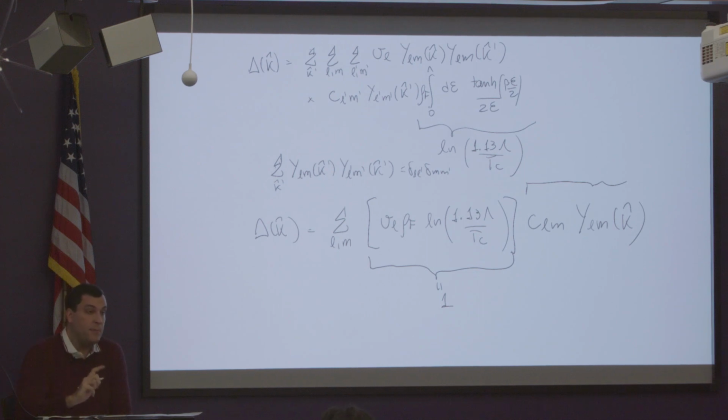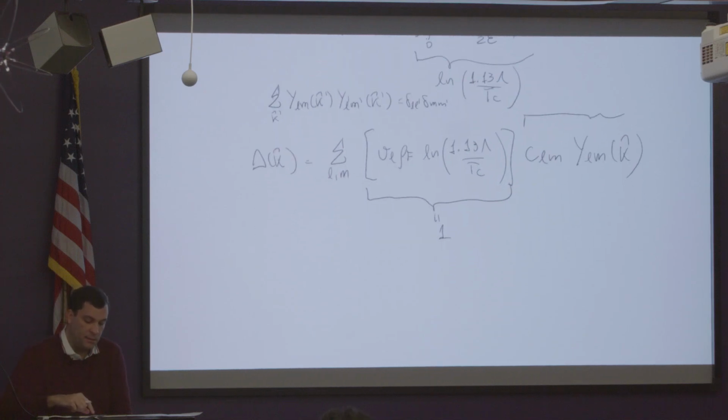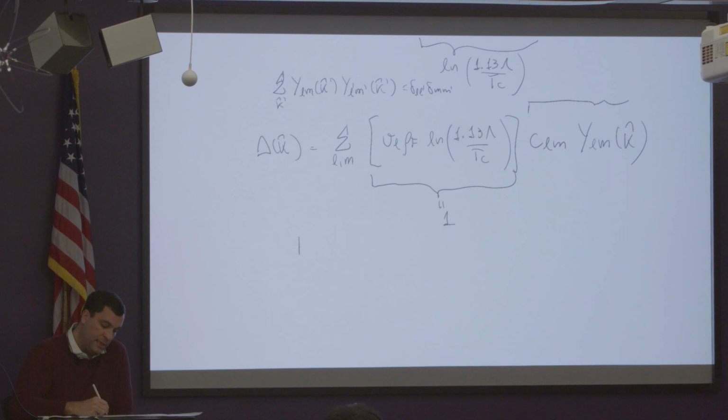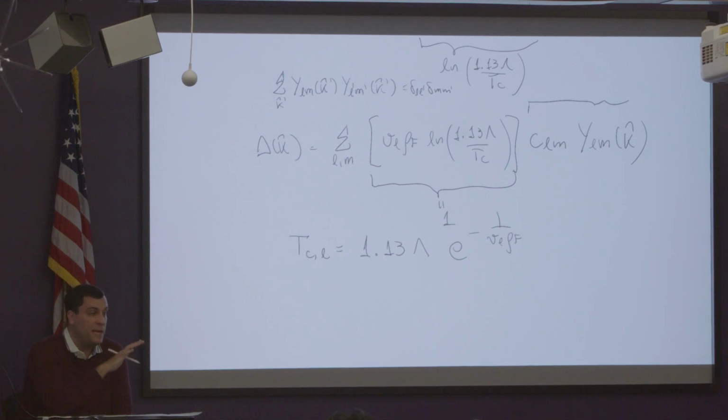You see that this only depends on L. So I can look at different angular momentum sectors independently, and for each angular momentum, T_CL is just going to be the BCS formula, e to the minus 1 over V_L rho_f. By the way, I made an assumption here that this V is attractive, so from the beginning V is negative. And again, it could be in different channels.